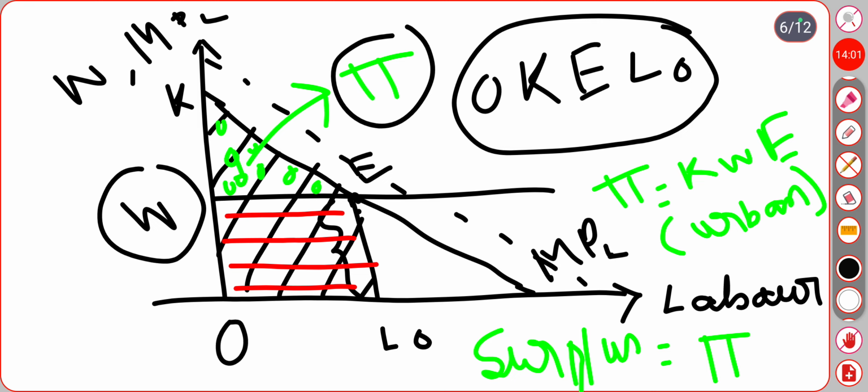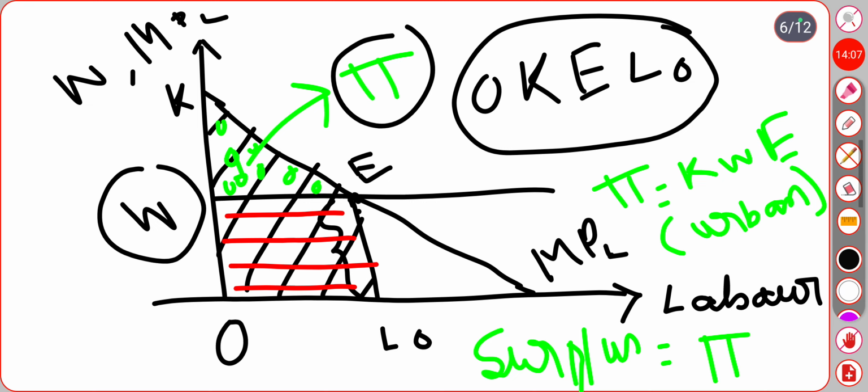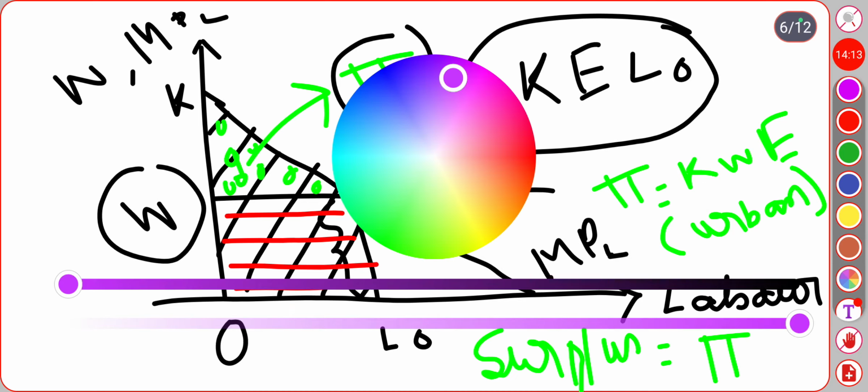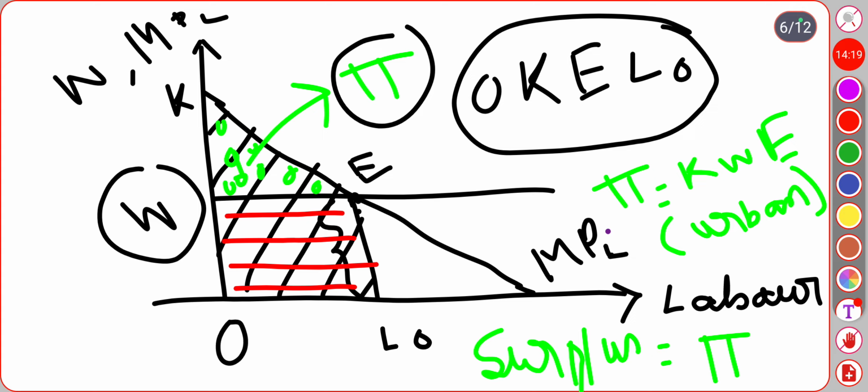Or it is better to draw with a different color. This is the new marginal product of labor curve.